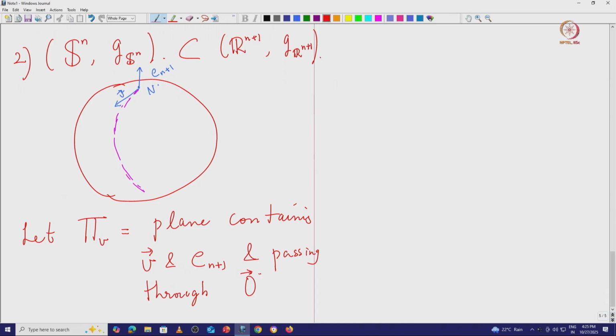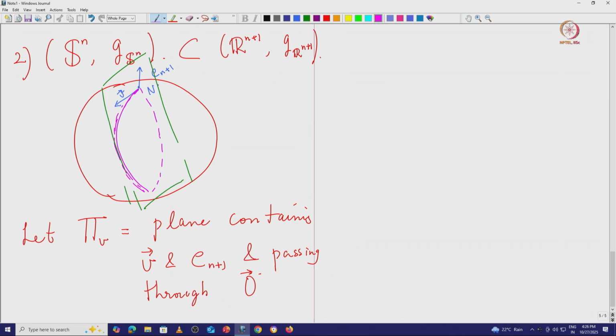Okay. So if you look at the intersection of that plane, so I am not terribly good at drawing pictures, but that is going to be a plane that contains these, and that is going to cut the sphere in a great circle.